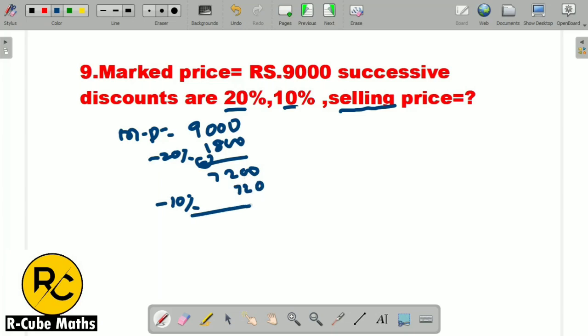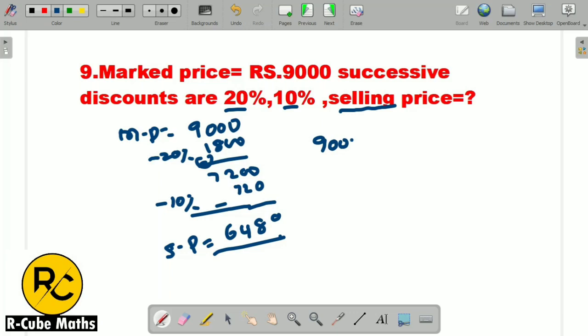After subtracting 720, we get 6,480. So this is the selling price of the given article after allowing two successive discounts of 20% and 10%.